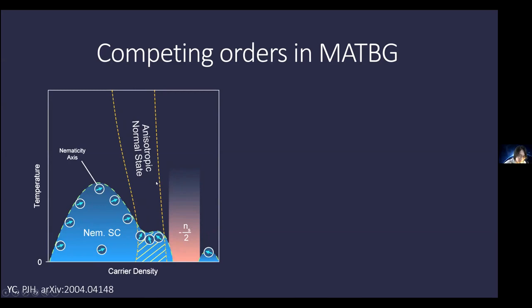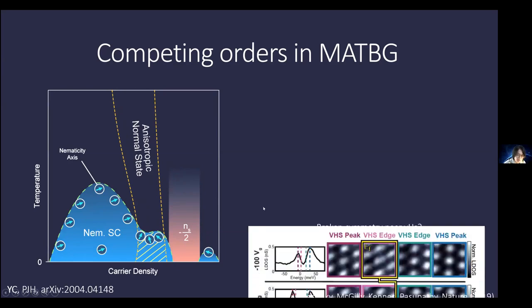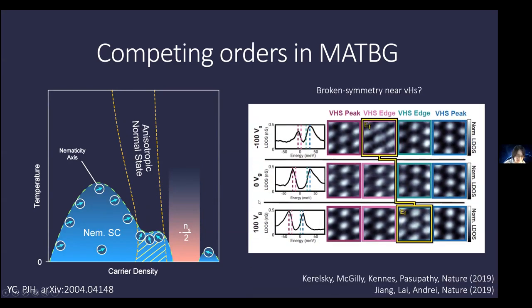Also in this competition region, the nematic director has a quick rotation as a function of doping and temperature. So you may wonder what the microscopic origin of this phenomenon is. We don't know. But recent STM experiments suggest that near the Van Hove singularity, there is some tendency to form charge ordering.